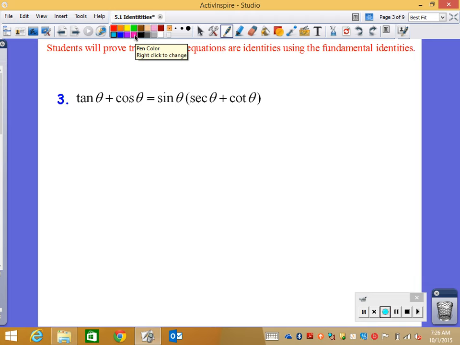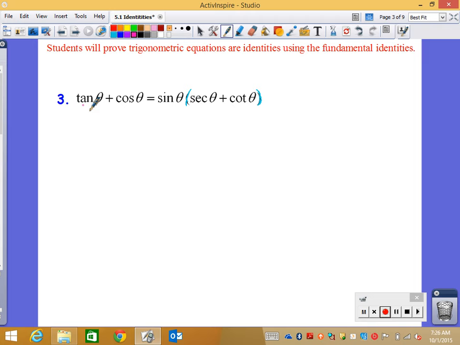Tangent theta plus cosine theta equals sine theta times the quantity secant theta plus cotangent theta. Now you notice right away that I have these parentheses on the right-hand side. That tells me immediately that whatever is on my left-hand side, I'm going to have to factor something out in order to get these parentheses.